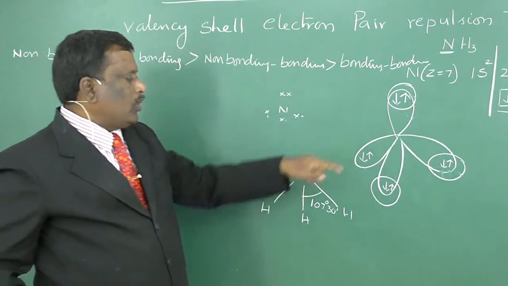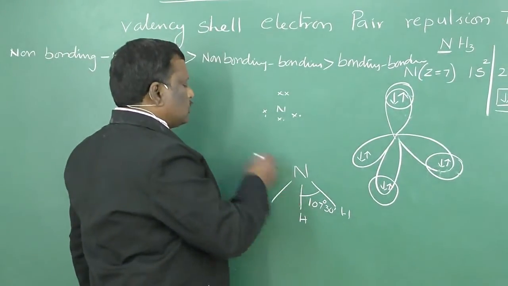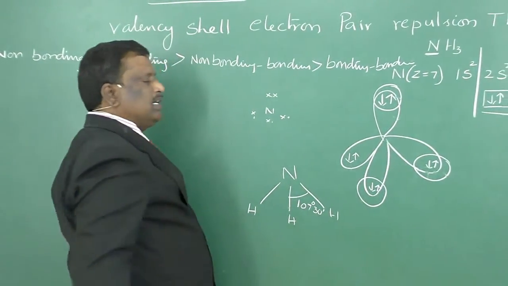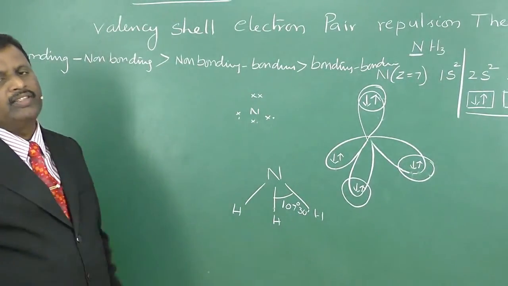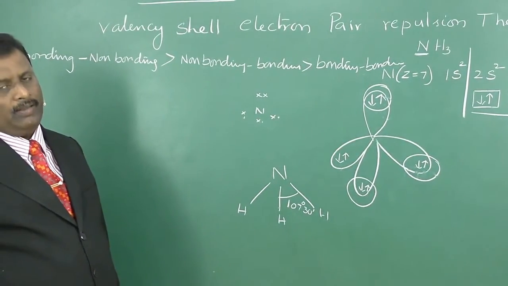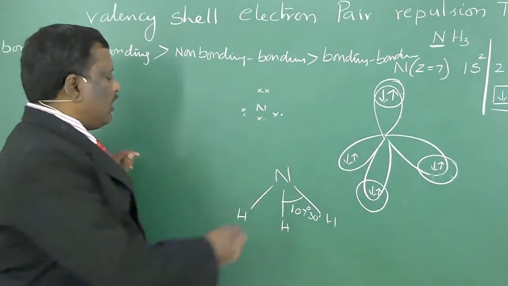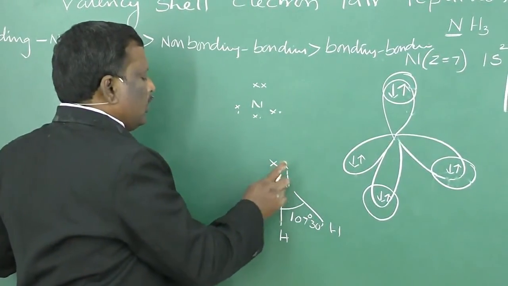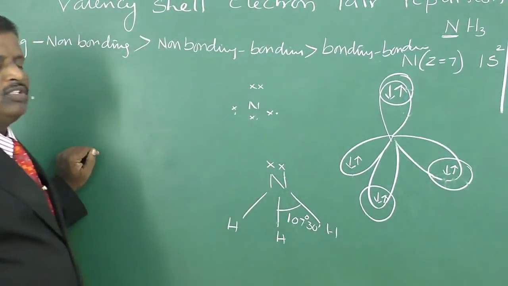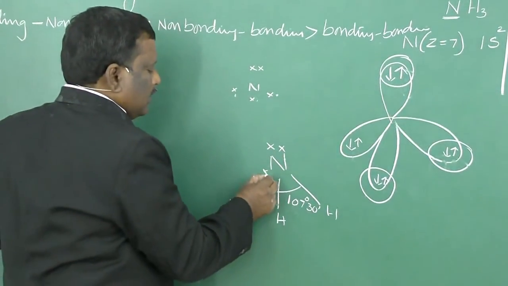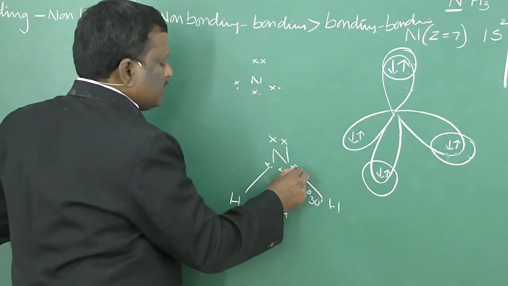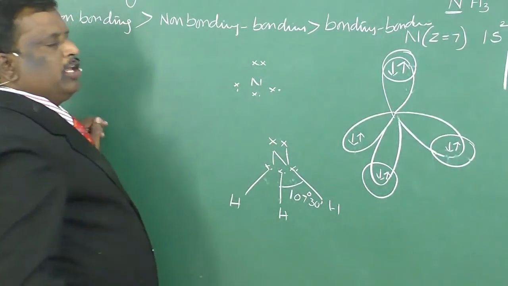The bond angle was decreased by nearly 2 degrees. That's why from 109 degrees 28 minutes to 107 degrees 30 minutes, a decrease of bond angle is observed in NH3. The decrease of bond angle is due to the presence of a lone pair of electrons in the valence shell of nitrogen. The other 3 pairs are bonding pairs, and this pair is a non-bonding pair.